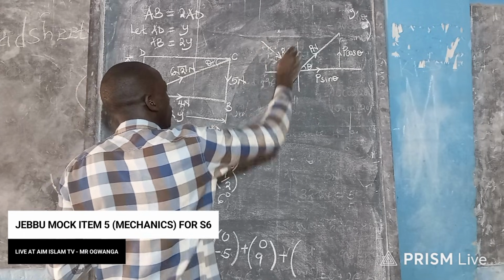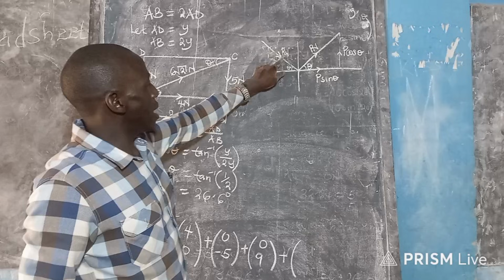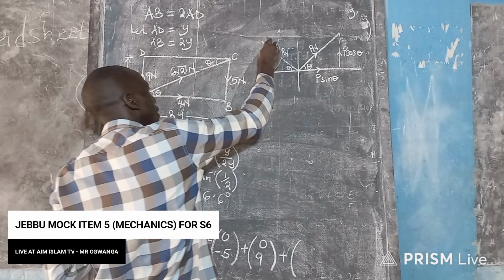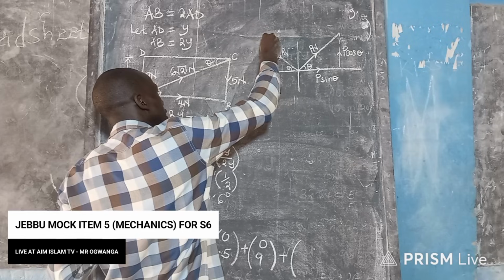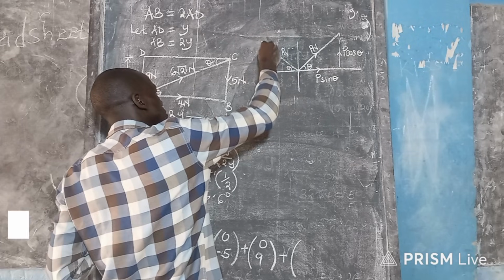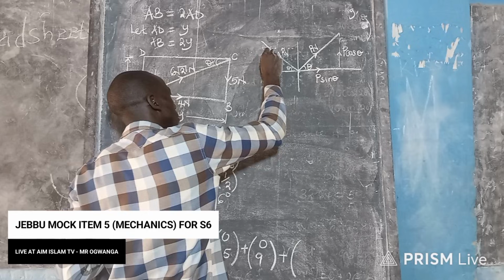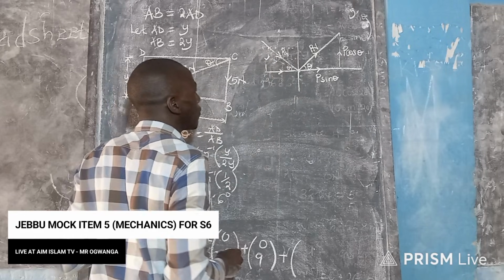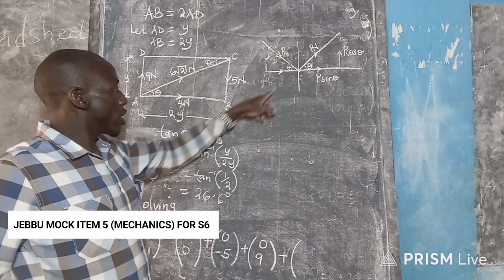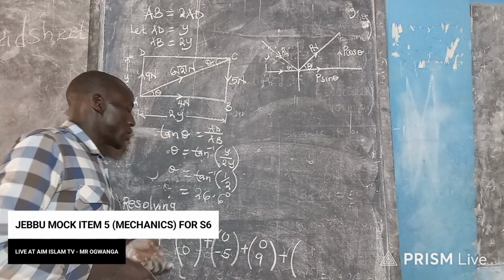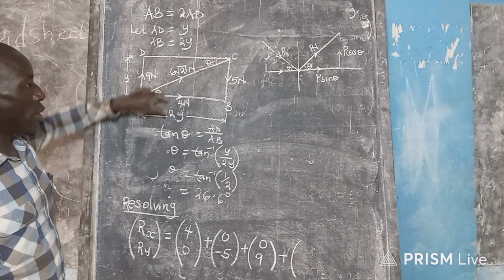Resolving it with the horizontal means that this one here is now acting because it's coming from upwards. This one will act as the starting point, meaning it has not to move like this. It has to move like this until they come and meet at that end. So I'm going to look at this moving downwards and this one moving upwards. It will be having the negative vertical and the positive horizontal.